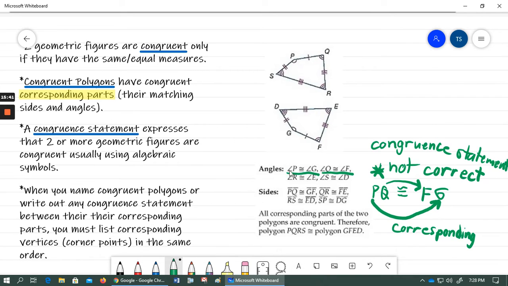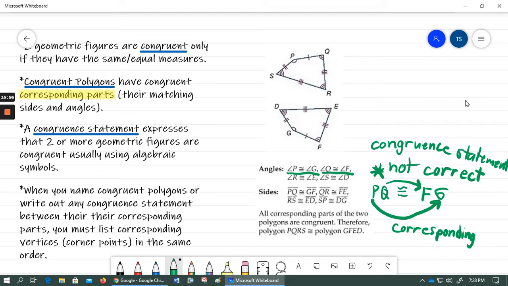All right. Again, we'll have examples where we'll write out congruent statements, because that's technically part of what we'll be discussing in this lesson.